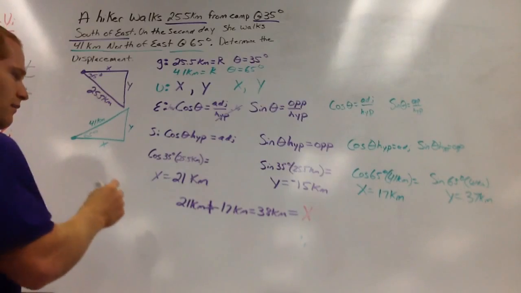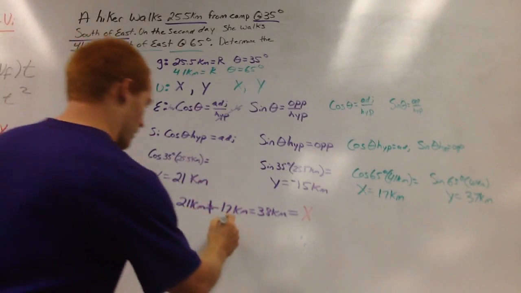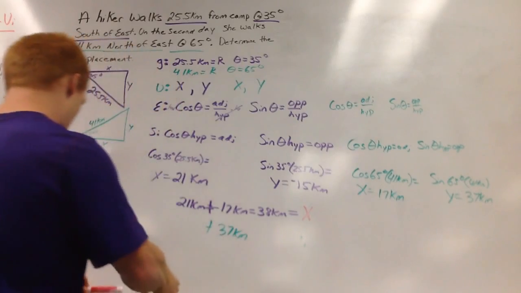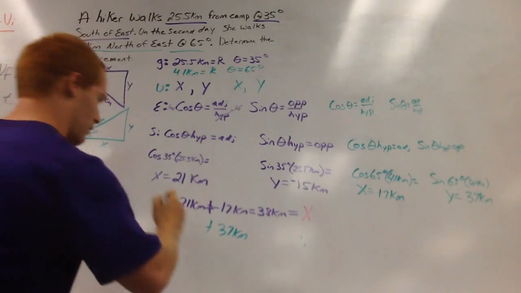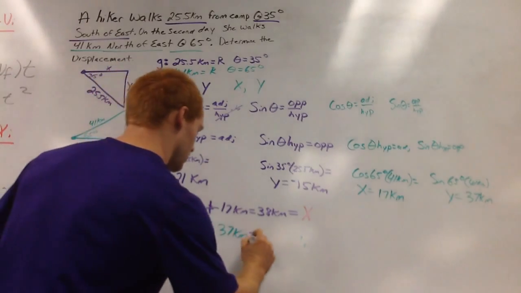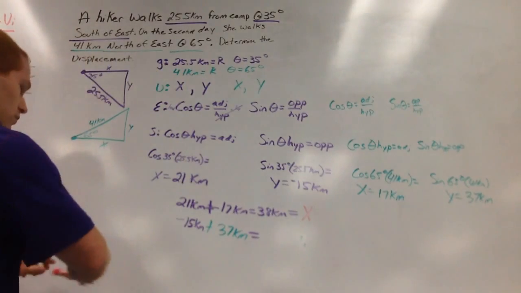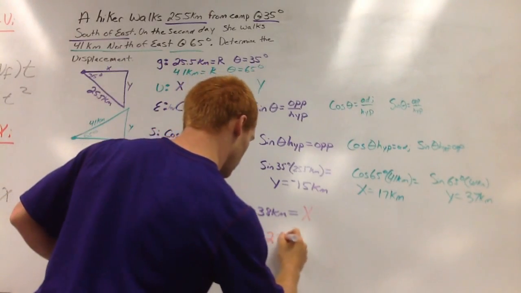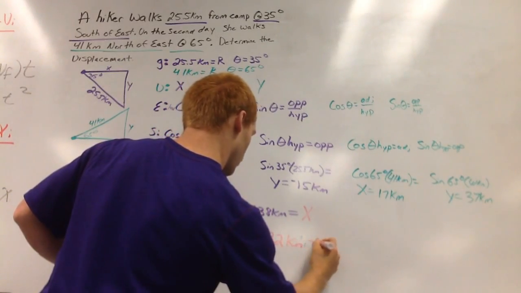Then we're going to have our y value, so we have 37 kilometers plus a negative 15 kilometers. This is going to equal 22 kilometers for our y value.